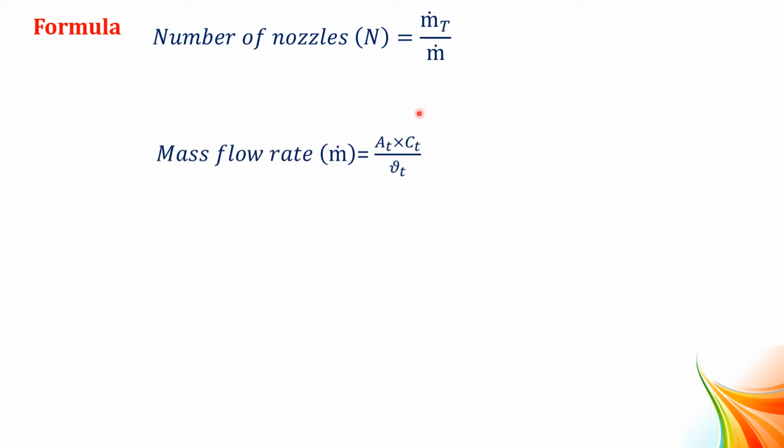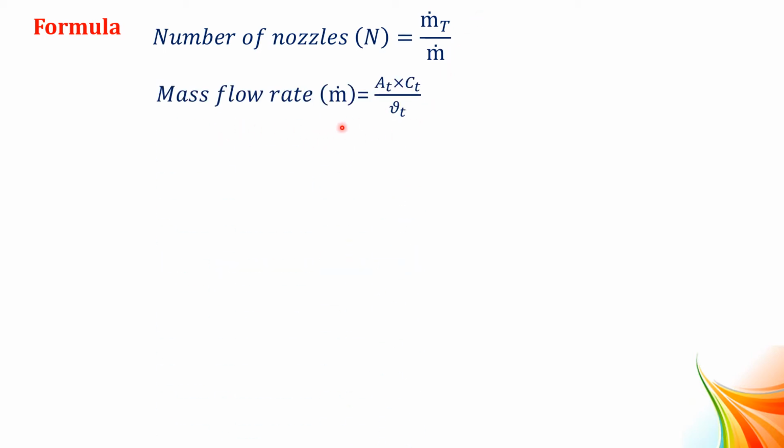First we have to write the formula required for solving this problem. So number of nozzles N equal to total mass flow rate divided by mass flow rate of single nozzle. So from this equation, if you know the value of m dot t, then we can find out the value of m dot. So mass flow rate m dot t equal to At Ct divided by Vt.